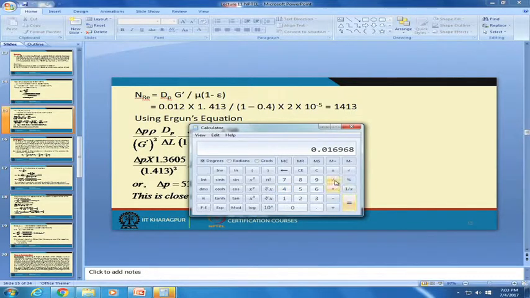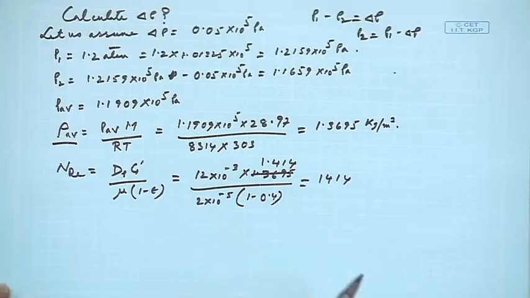is equals to this divided by 2 into 10 to the power minus 5, into 1 minus 0.4 is 0.6, equals to 1414, right.